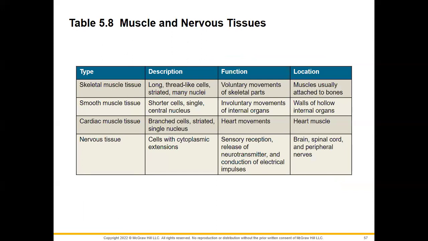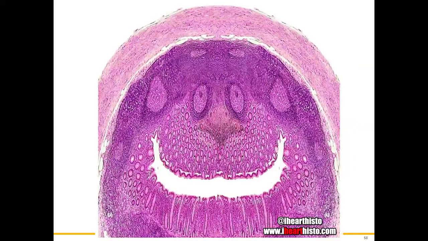Here is your chart of the different types of muscle and nerve tissue so that you can know the names of them, the descriptions, the functions, and the locations. Please make sure that you understand these descriptions because that's going to help you be able to identify these structures when we look at them under the microscope in the lab. And that is it for Chapter 5, Tissues.